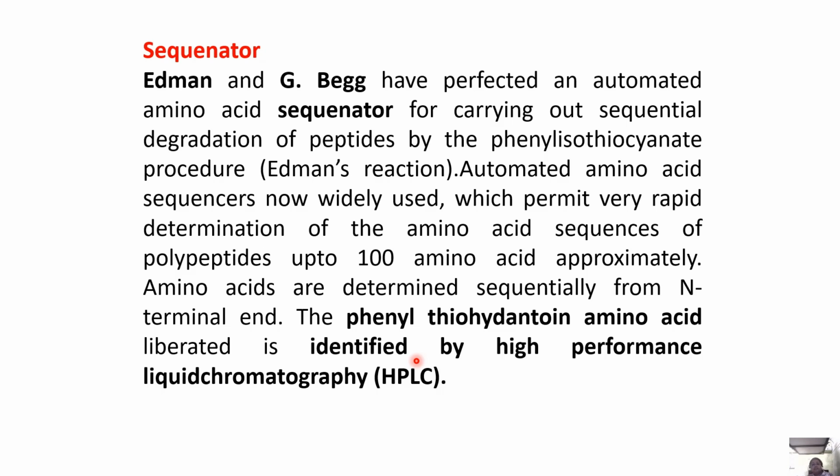Automated amino acid sequencers are now widely used, permitting very rapid determination of the amino acid sequences of polypeptides. The amino acids are determined sequentially from the N-terminal end. The phenylthiohydantoin amino acid liberated is identified by HPLC.